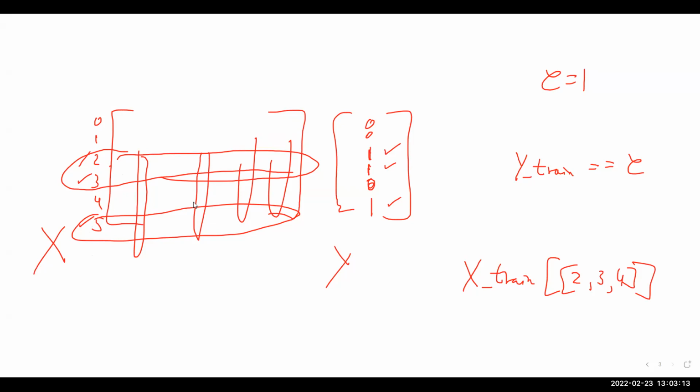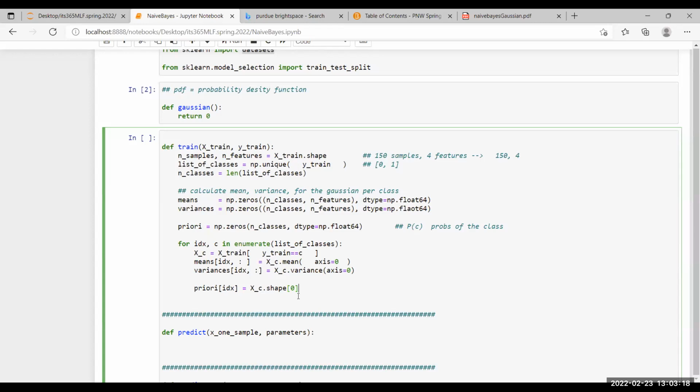And so what I'm going to do now is take XC dot shape 0 divided by the length and samples. I had already calculated that parameter. Because it's a probability, we want to make it a float just in case. Right, like that. And then now we have, believe it or not, those are the parameters. We've got the parameters.